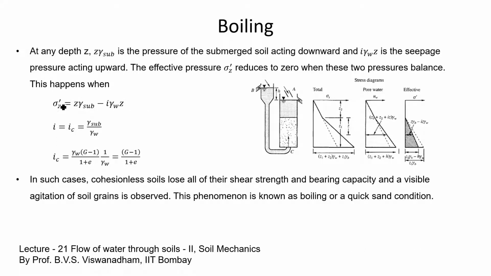So this is the equation for effective stress at any depth z in the soil. You can see there are two terms. The first term, z gamma sub, represents the pressure of the submerged soil acting downward, and the second term, i gamma w z, is called the seepage pressure, and it acts upward.